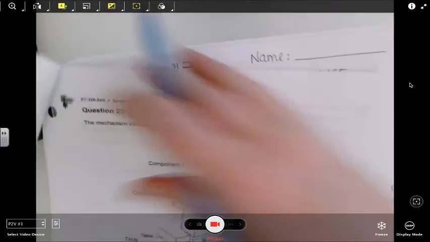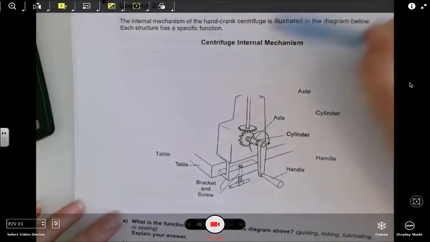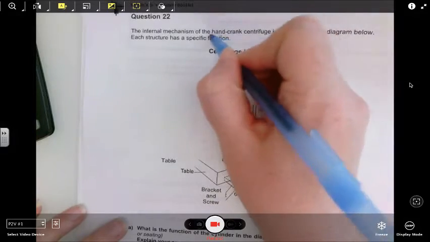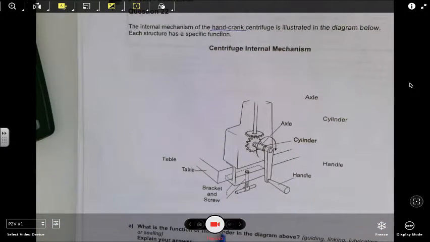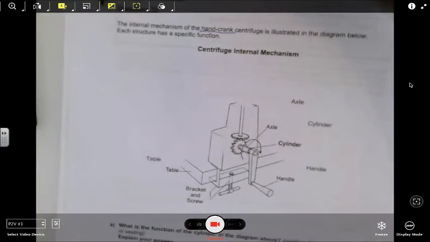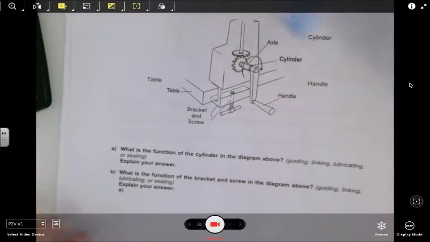So we're just going to see what it's asking us. The first one, question 22, is talking about the hand crank of the centrifuge, and it's asking what is the function of the cylinder in the diagram above. It gives us these options, which is important for you to know: guiding, linking, lubricating, or sealing.